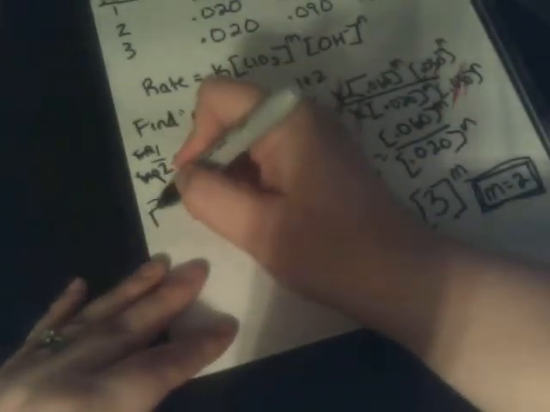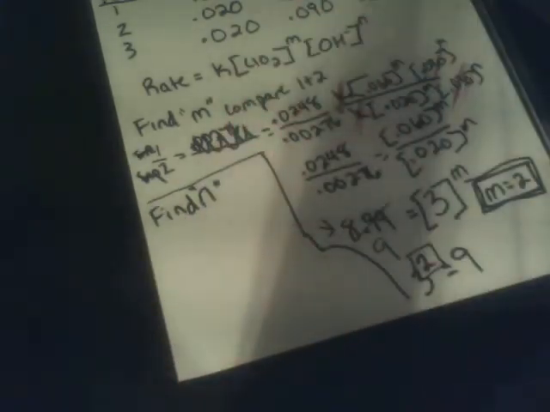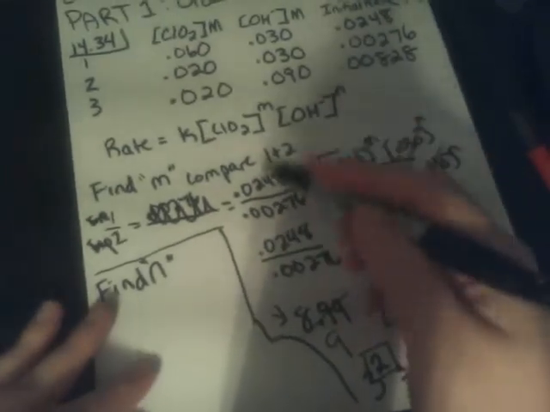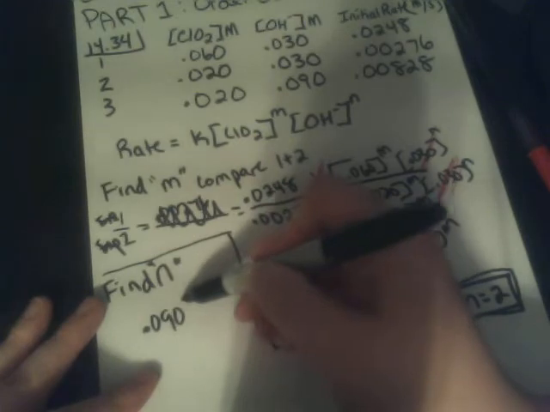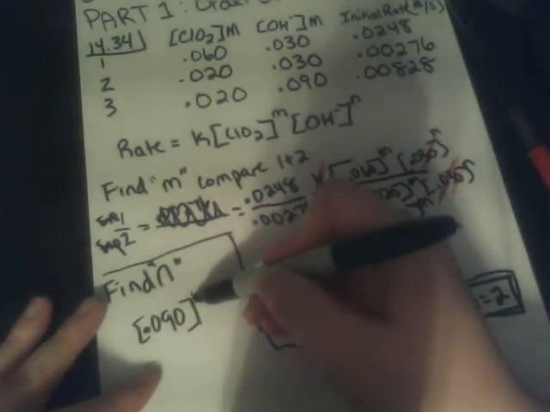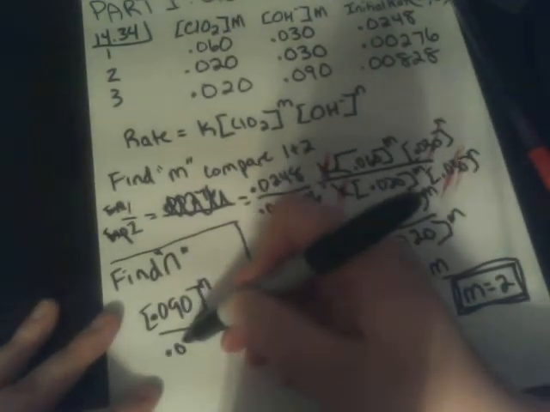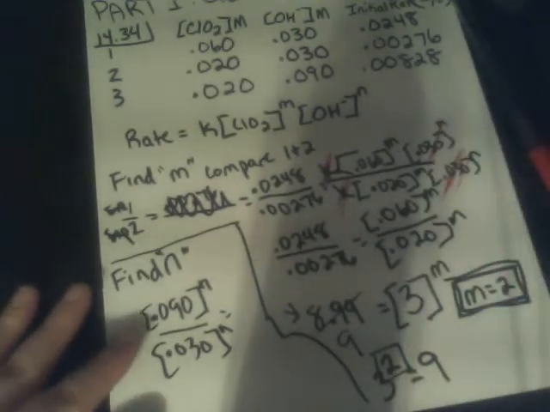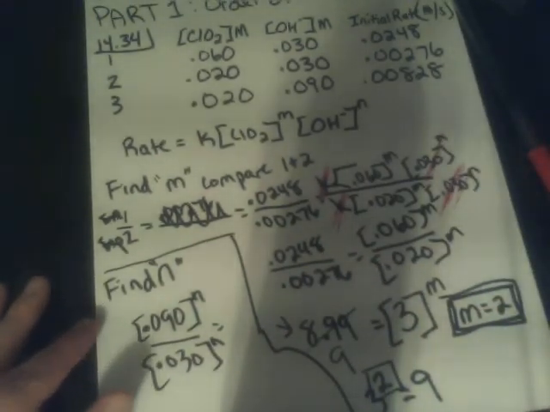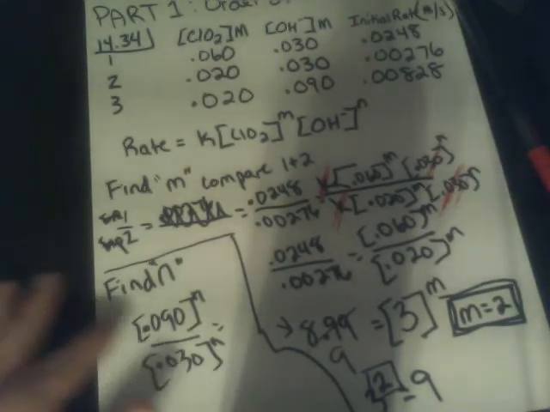if we wanted to find n, messy, you would say that it is essentially 0.090 to the power of n divided by 0.030 to the power of n equals, and then in our calculator we typed it out, it actually equals a perfect 3.